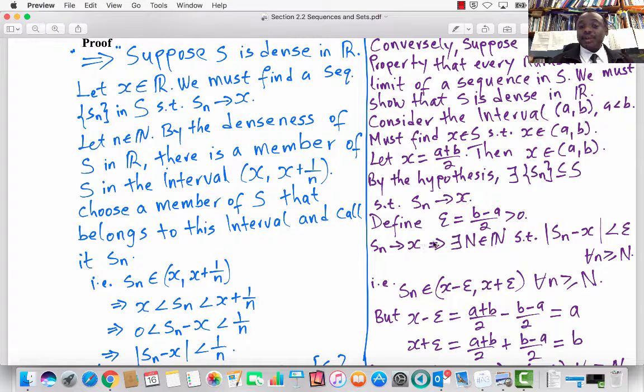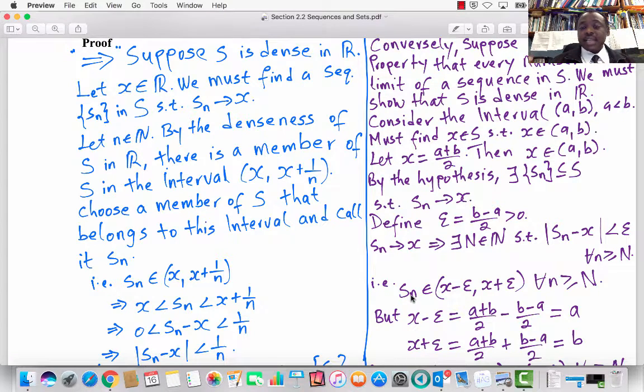So by the epsilon n definition of convergence, Sn converges to X means there exists an uppercase natural number N such that the absolute value of Sn minus X is less than epsilon for every natural number n greater than or equal to uppercase N. Again, what does this mean? We've done this several times.